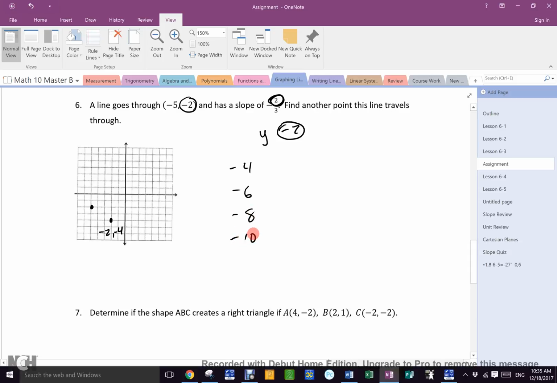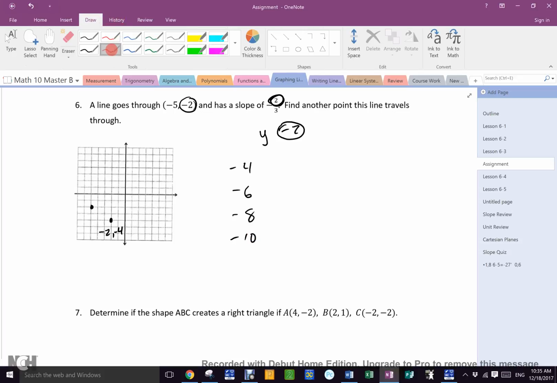What else could I have done? Could I not have gone the other way? Could I not also have done -2, 0, 2, 4? And those are y values, right?